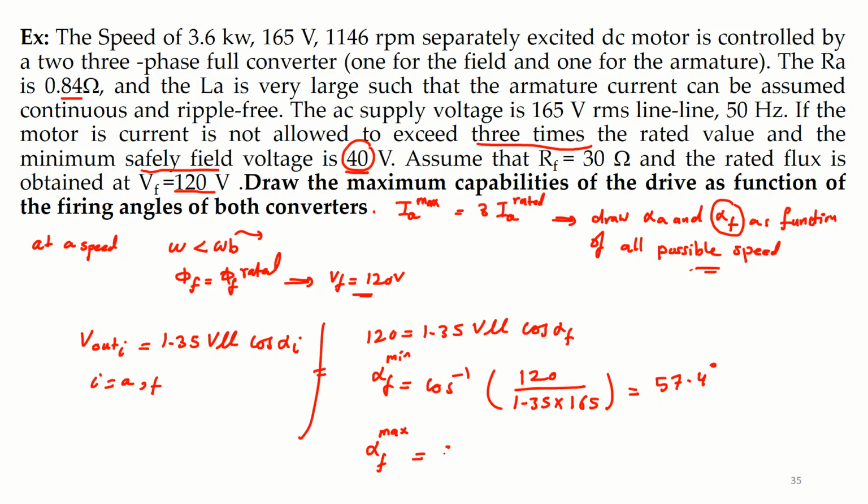So this will equal cosine inverse of 40 volt over 1.35 V line to line. If we do the math, this will equal 79.65 degree. So this will provide the maximum speed. So this is at omega max.